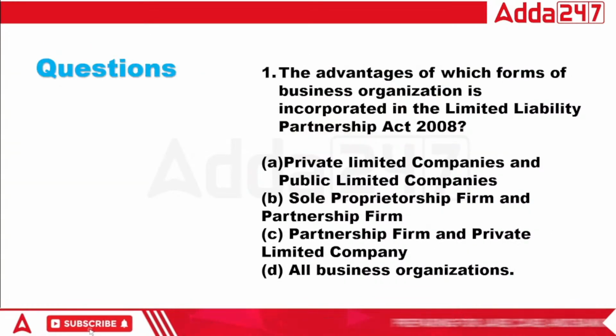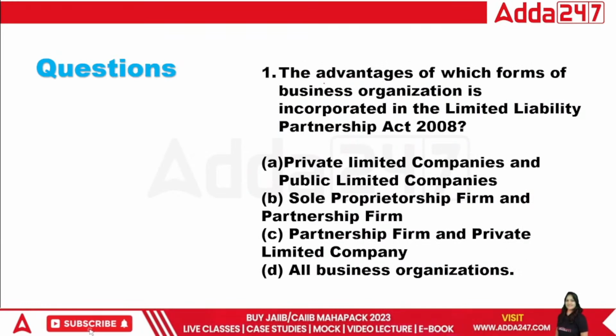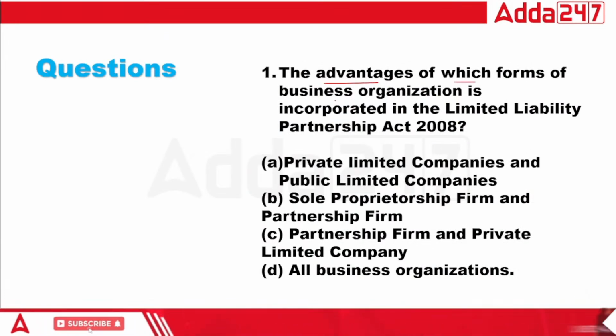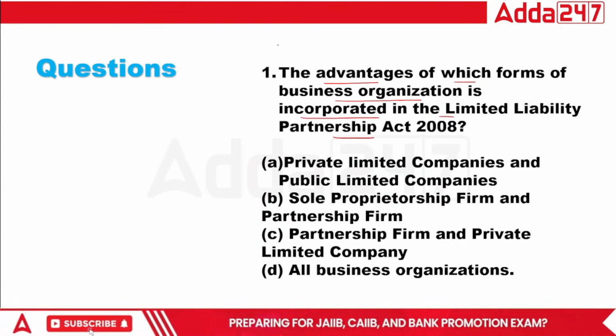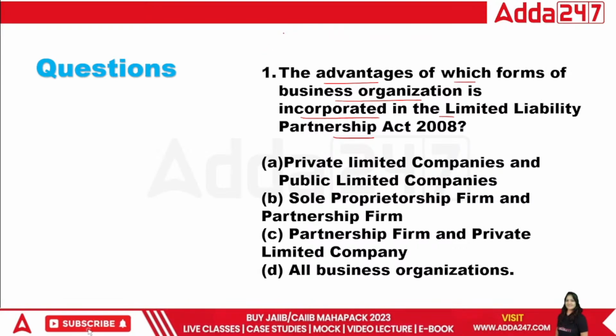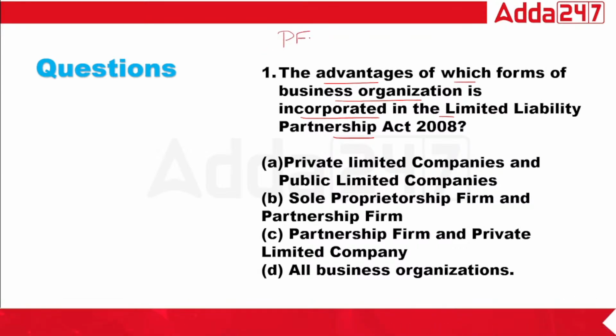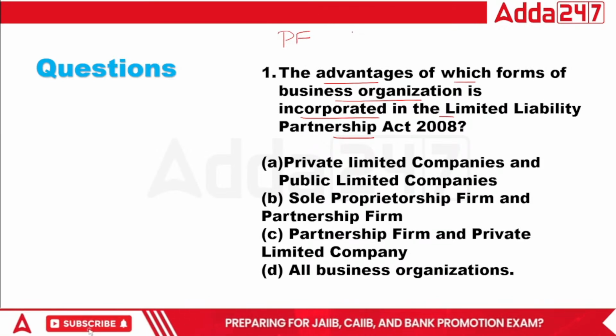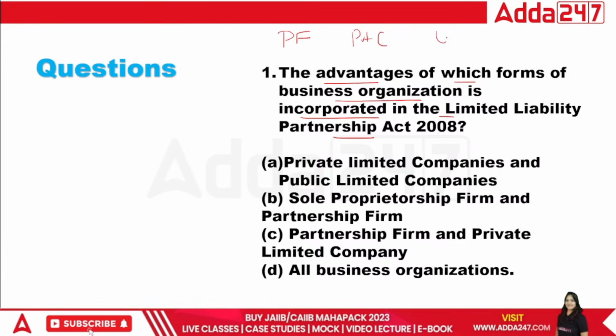Now, question: the advantages of which form of business organization are incorporated in LLP? It means in this paid class we have done that a partnership firm can convert into LLP, a private company can be converted into LLP, and an unlisted public company can convert into LLP.